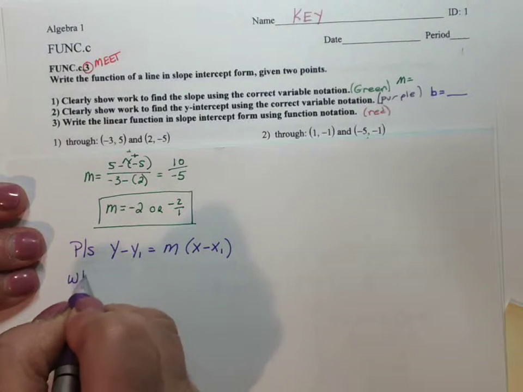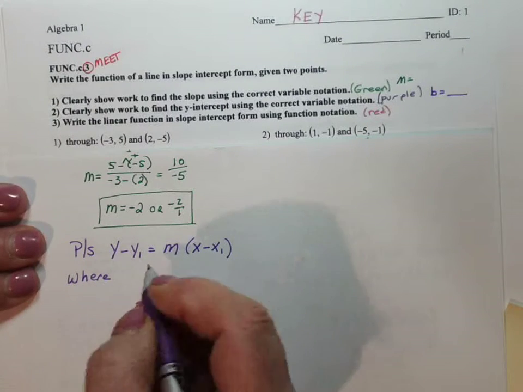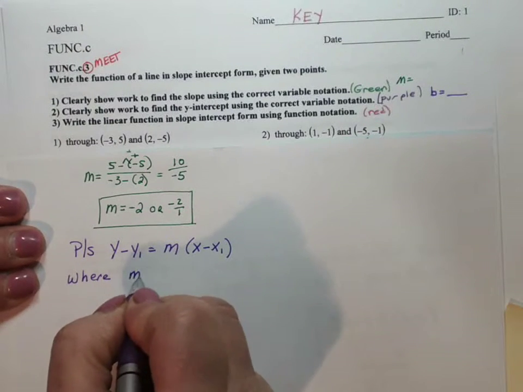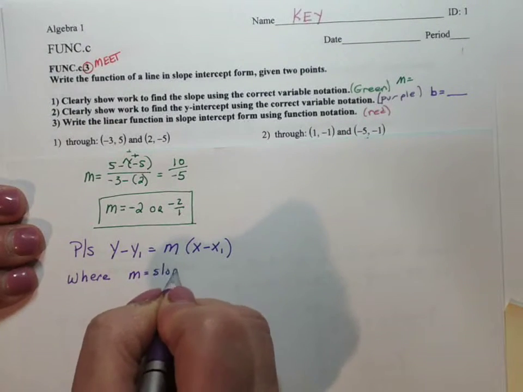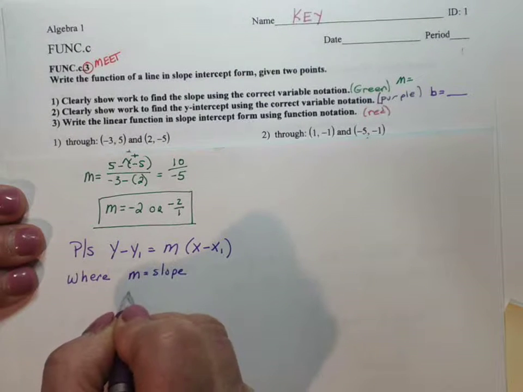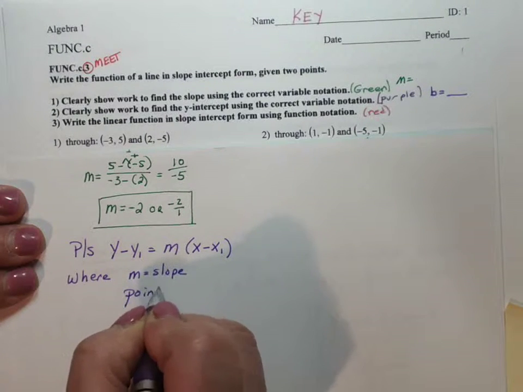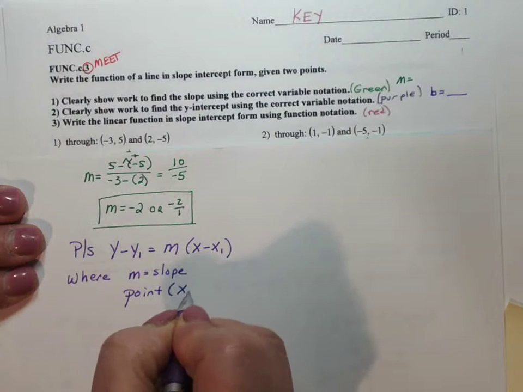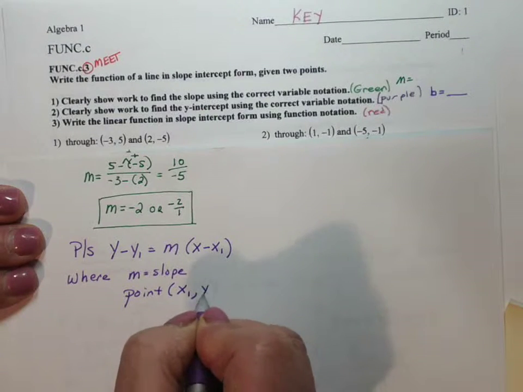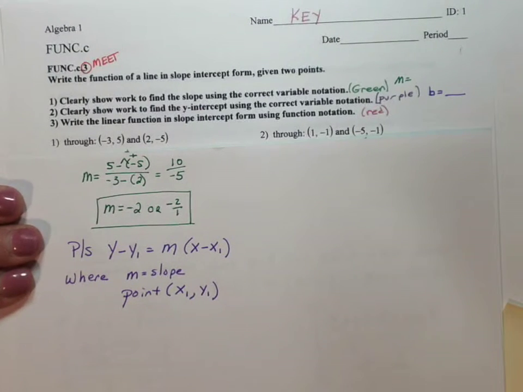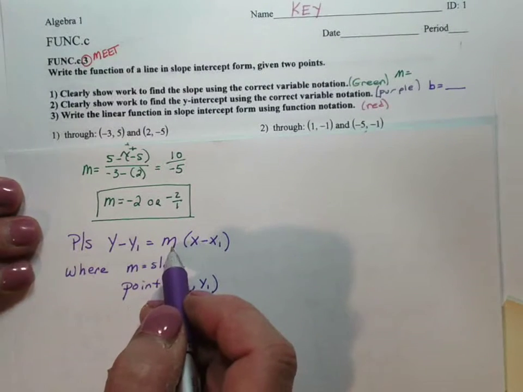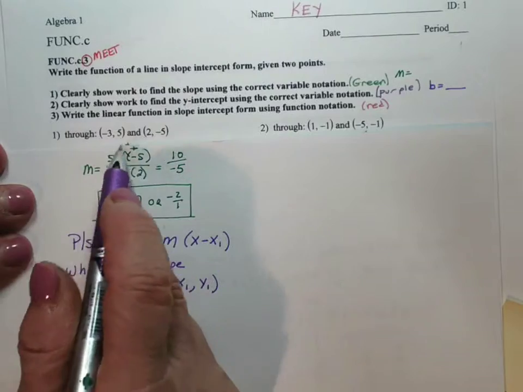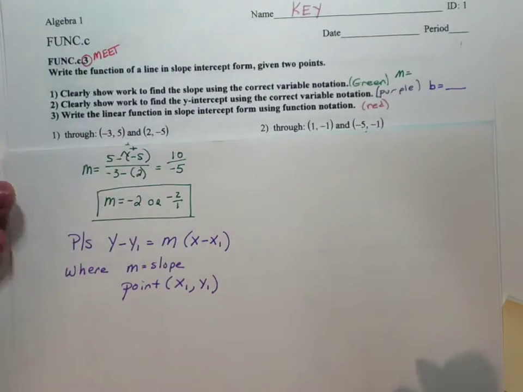Okay, where m equals slope, and a point has the coordinates x1, comma, y1. So I need this formula, and then I just pick one of these 2 points.